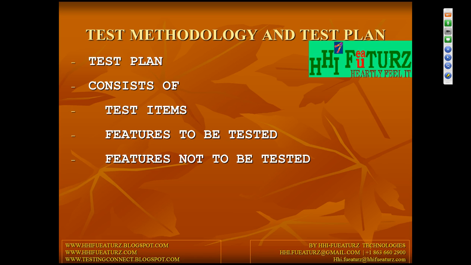Why unnecessarily fix that bug and waste your time right now? So that kind of features you mention here under features not to be tested. Which features the client doesn't want immediately, but wants after some months or some days, those kinds of features will be mentioned here under features not to be tested.